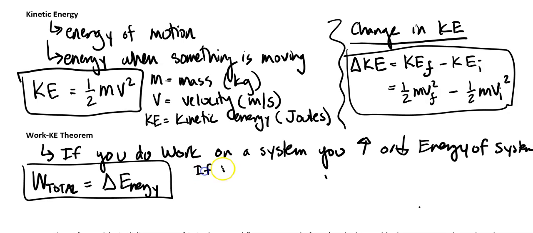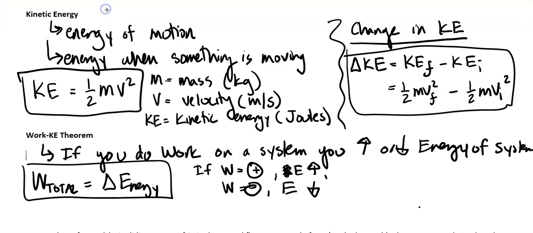So if work is positive, then the KE will increase and get bigger. More kinetic energy. Things will be moving faster. There'll be more energy. If work is negative, I should have said that, the energy will decrease. There'll be less energy overall.